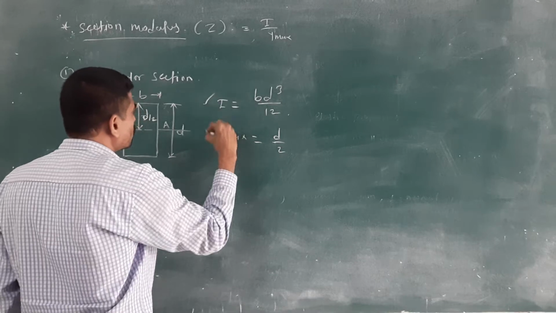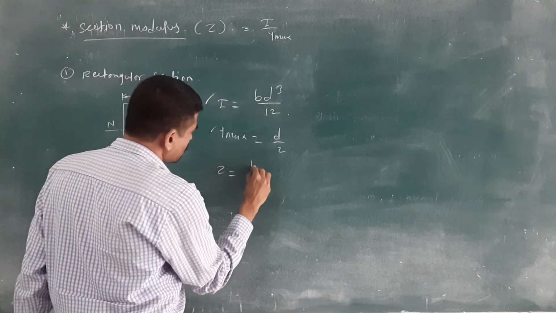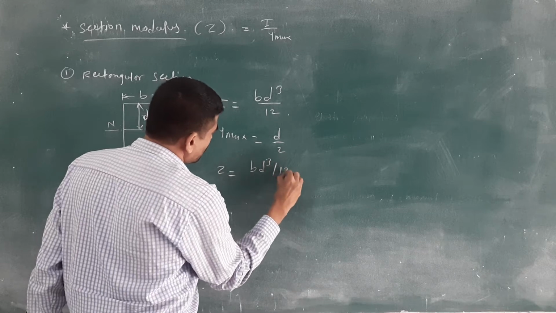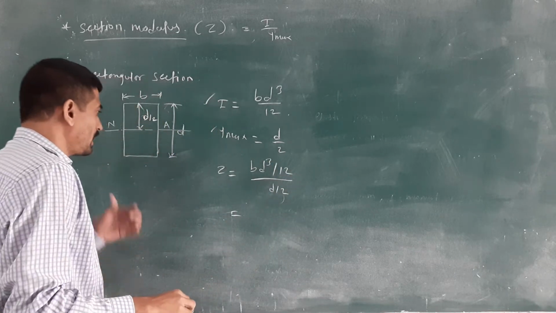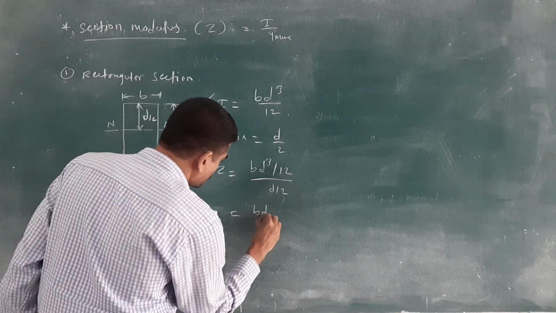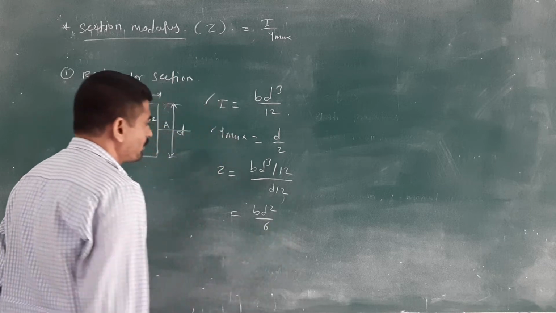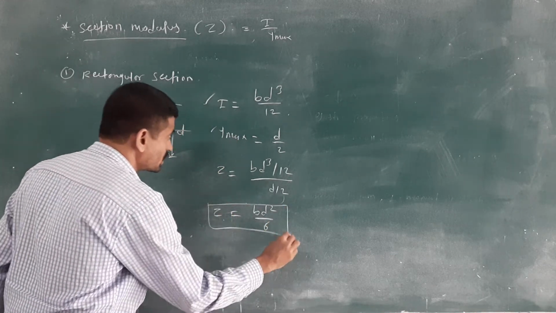Once you have the two values, you can easily calculate Z. Z is equal to b d cube divided by 12, divided by d by 2. Then you will get b d square by 6. This is the value of Z.